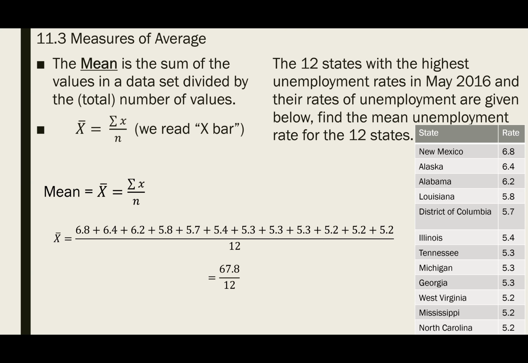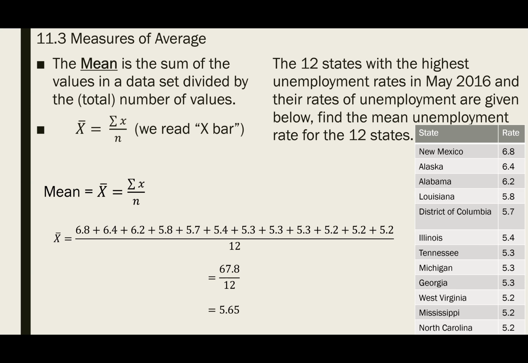You can check my math; sometimes I have a typo here and there. But 67.8, we divide by the total number of states, which in this case is 12. So 67.8 divided by 12, you will see that the mean rate of these 12 states is 5.65.